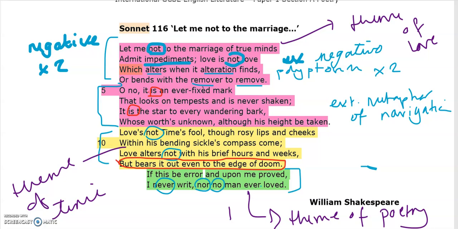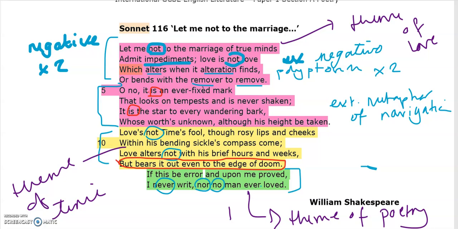It's strong and fixed. It's so fixed, it's like having a fixed point in the sky, like having a fixed star by which you can navigate your course through the oceans. So you can see that this is a metaphor. You can see this is an extended metaphor of navigation that we've got here. So love is like a guiding light, basically, and it's something which is strong and constant and helpful.